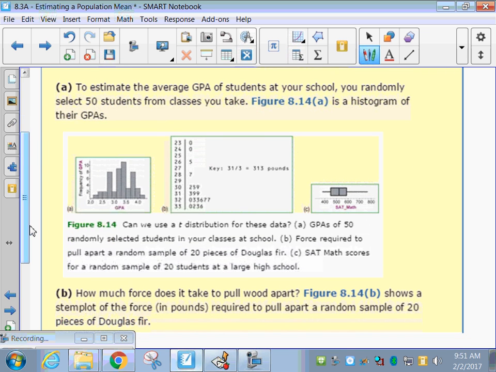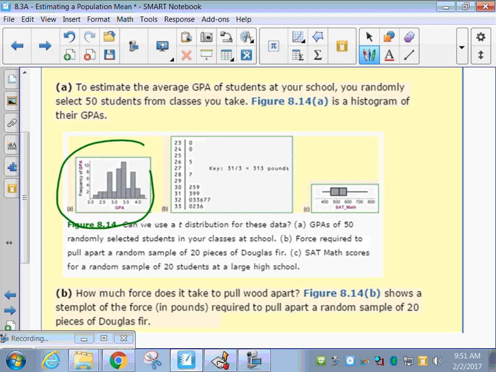Part A. So A goes with the A graph there on the left. This one says, to estimate the average GPA of students at your school, you randomly select 50 students from classes you take. Figure A is a histogram of their GPAs. Now, figure A actually looks pretty good.